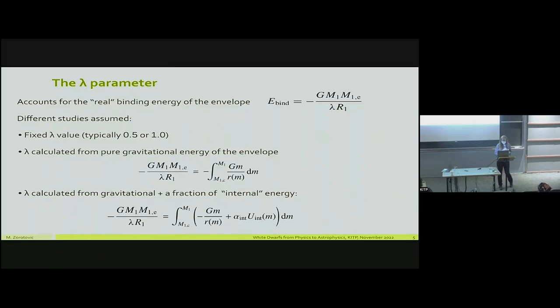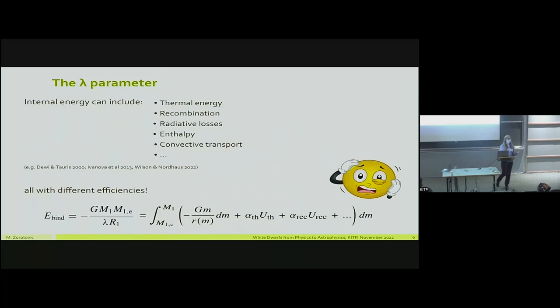In some cases, they also include a fraction of the internal energy of the envelope to help to unbind the envelope. But what is internal energy? And then it gets even more complicated, because you can read in the literature, especially in the Ivanova et al. 2013 review, a lot of different possibilities, and also very recently convective transport, and a lot of ideas to help to eject the envelope.